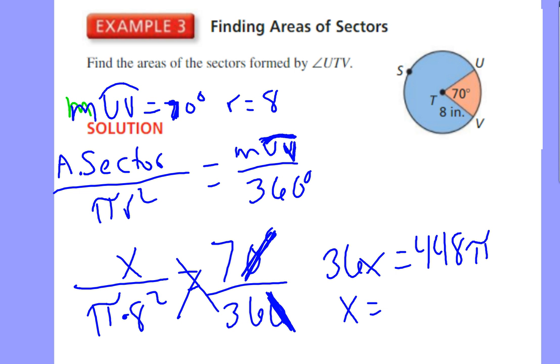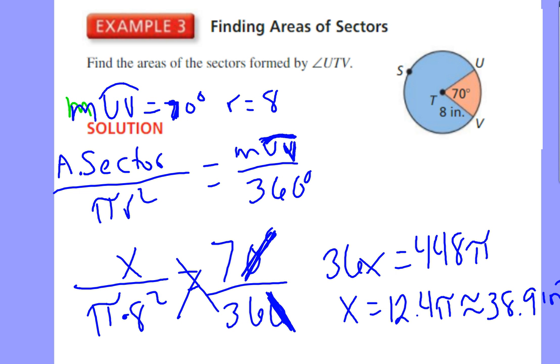And then x equals 448 divided by 36, which gives us roughly about 12.4 pi. Then if I approximate that, 12.4 times 3.14 is going to give me about 38.9 total. And what are we in? We're in inches squared for that red sector.